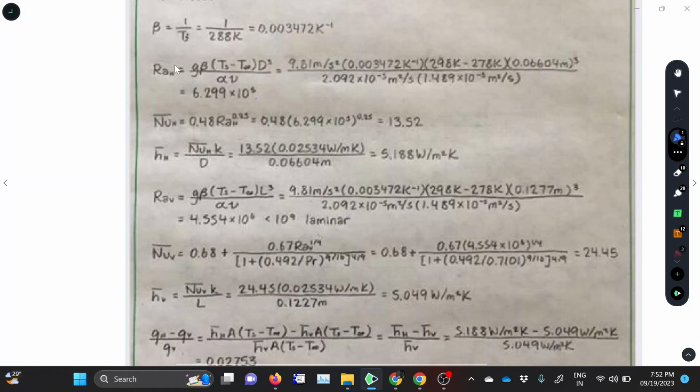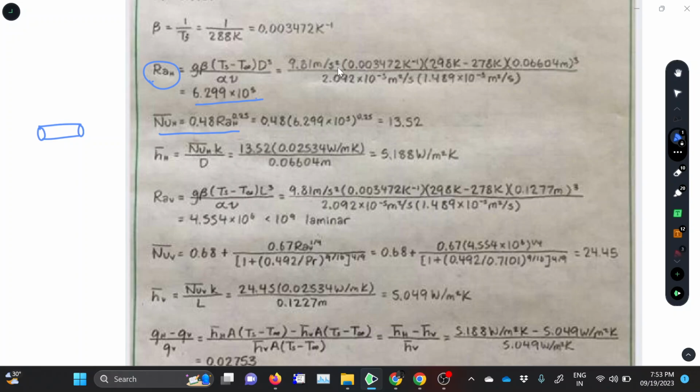Then they found out what the Rayleigh number would be. For the horizontal case, they found that the Rayleigh number would be 6.3 into 10 to the power minus 5 something. And for a horizontal cylinder oriented in this manner, the Nusselt number is equal to 0.48 into Rayleigh number to the power 0.25.